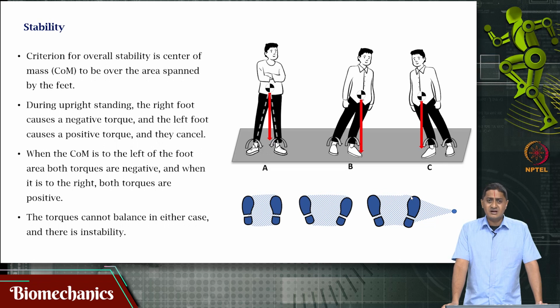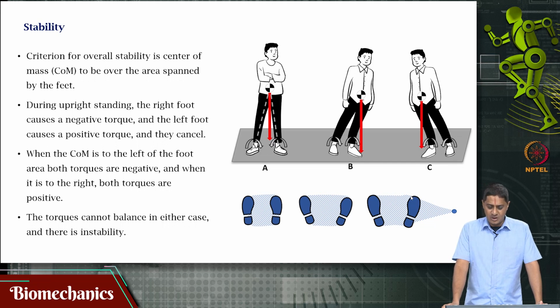So, coming back to the topic of stability, stability essentially implies that the center of mass should be over the spanned area, and remember this stability is different from what are broadly called stable movements, or what is broadly called balance.